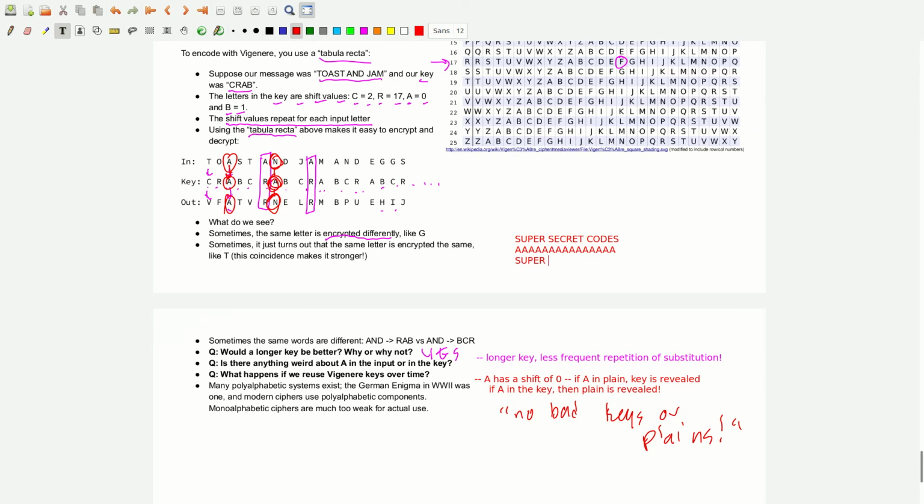I'm going to get out super secret codes, right? So that doesn't help. Or what if my message was A, and the key was super secret key? Well, what we're going to get out is super secret key. So Vigenère has this horrible characteristic that this will leak out.